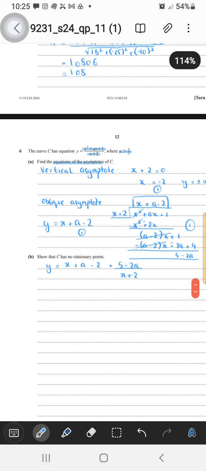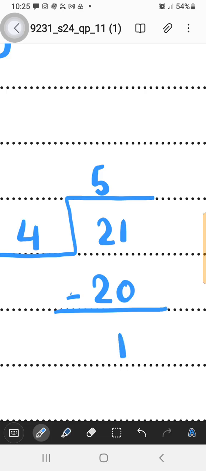Now the student asked what is the logic behind writing it like this. Let me give you the logic. If we divide 21 by 4, 4 times 5 is 20, we subtract it and we get 1.